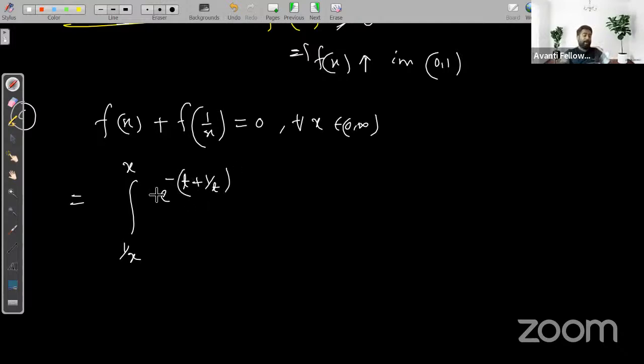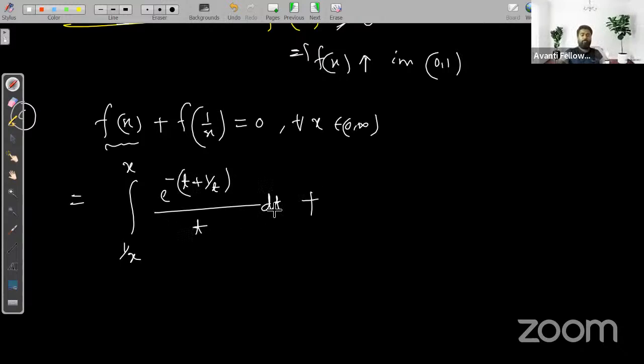Because we need to find f of x, we should not interfere with the variable t, because we don't have any relation with t, we need to find only f of x. So where x is present, we substitute.